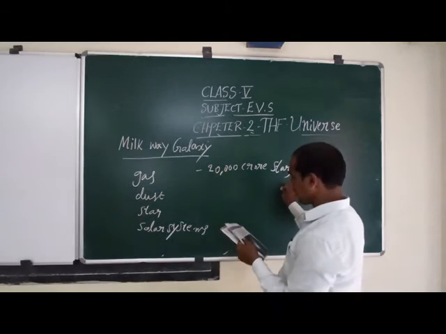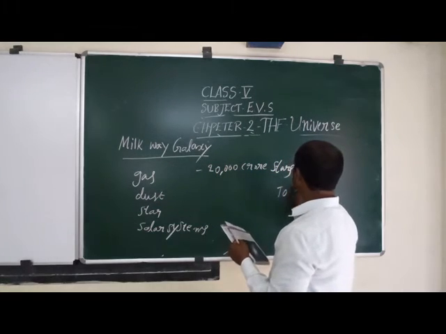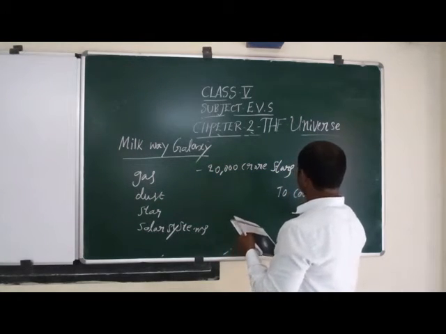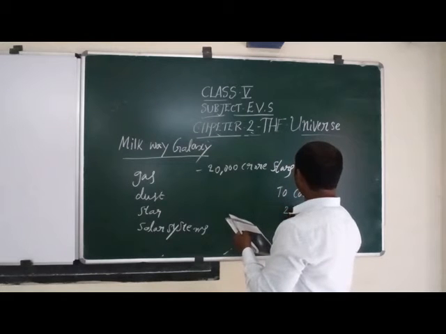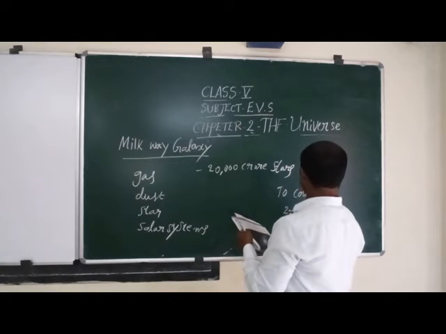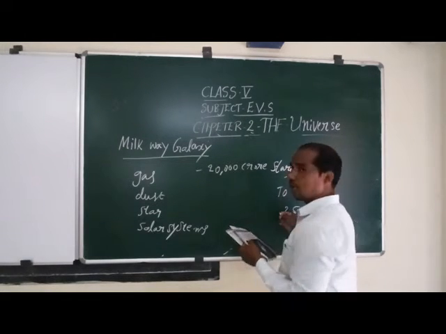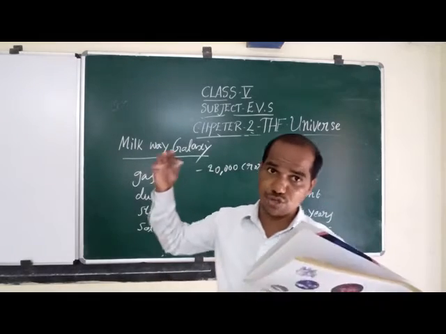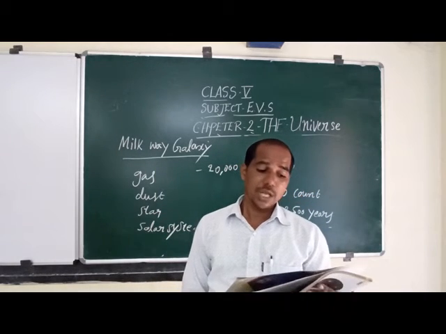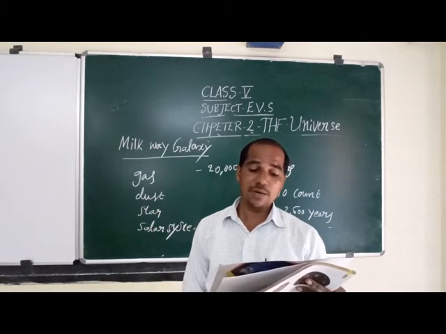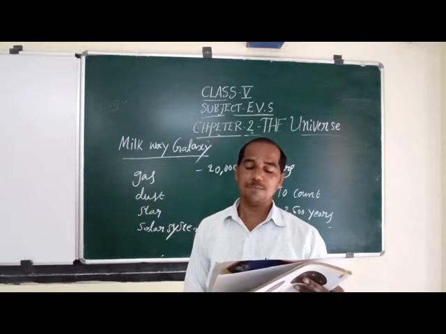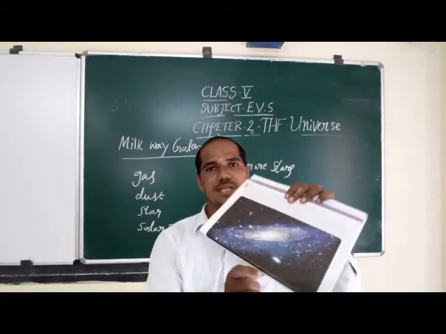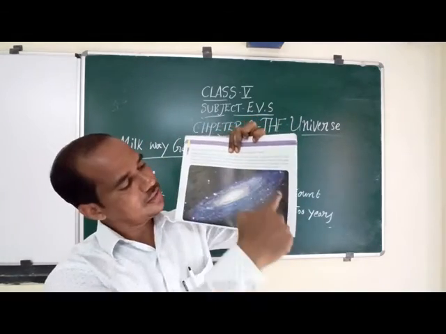2,500 years to count all the stars in our galaxy. How many years will it take to count? 2,500 years to count. You can imagine how huge and how big it is. If you count one star in 1 second, see how big and how beautiful the galaxy is. Okay, this part is the galaxy.